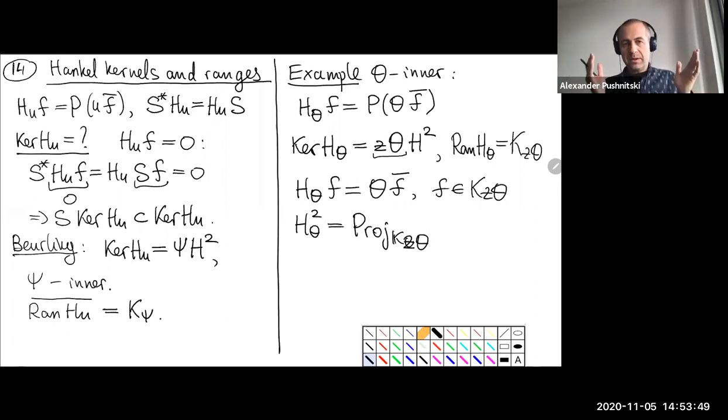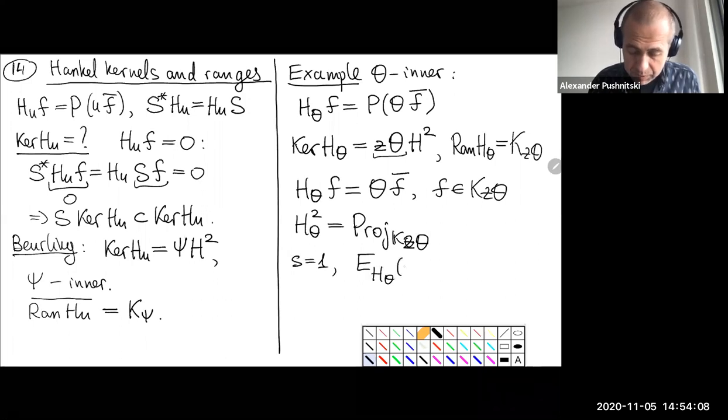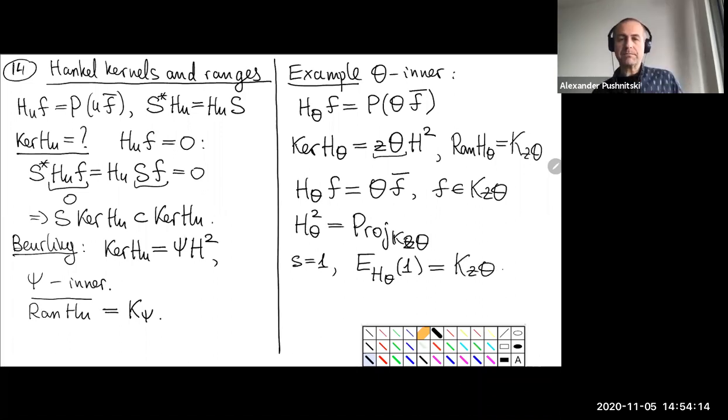So in particular, the spectral structure of this Hankel operator is very simple. You have only one singular value, which is 1, and the corresponding Schmidt subspace is just this model space. As we will see, such Hankel operators with inner symbols are building blocks for the spectral theory of more general Hankel operators.